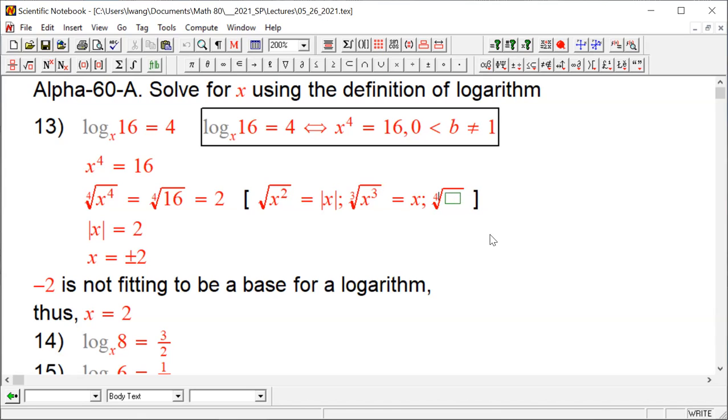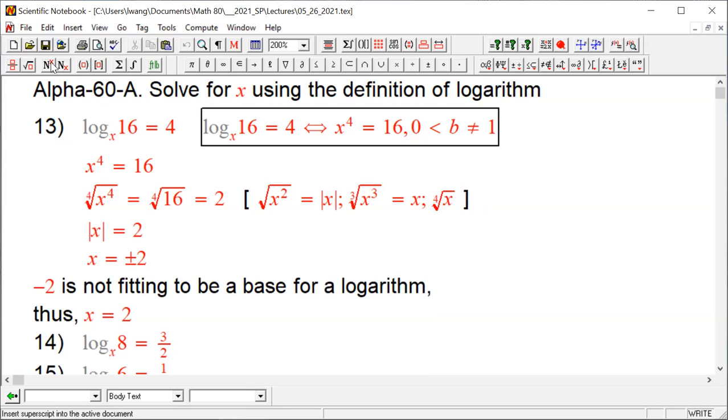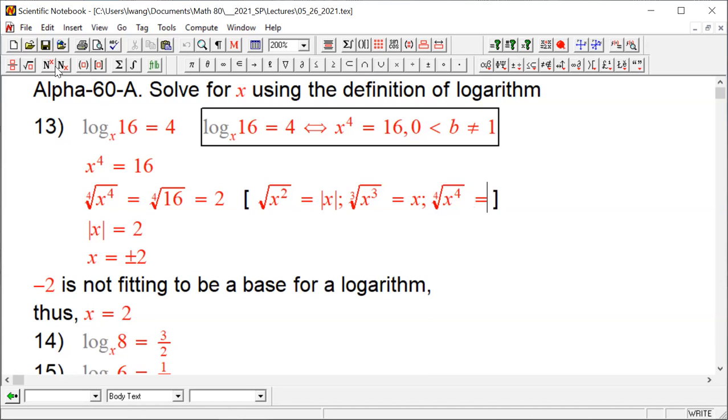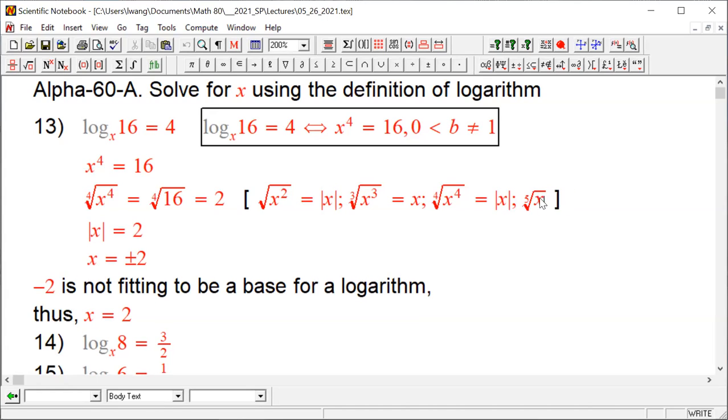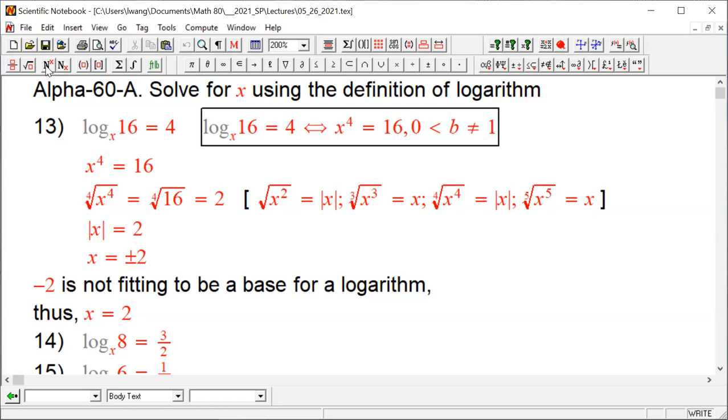The fourth root of x to the power 4 is going to be absolute value of x. So did you find a pattern? Fifth root of x raised to the power 5 is going to be x. So the list goes on forever.